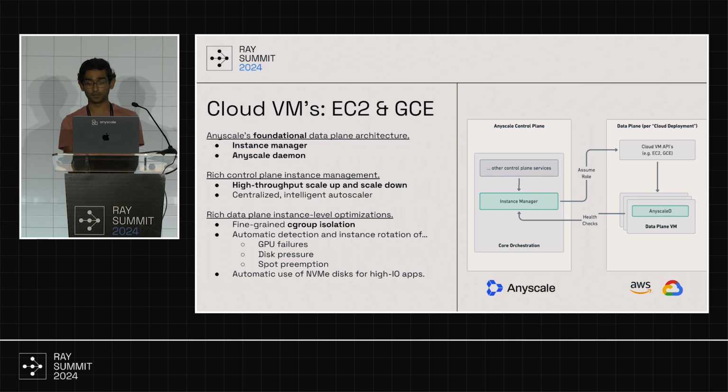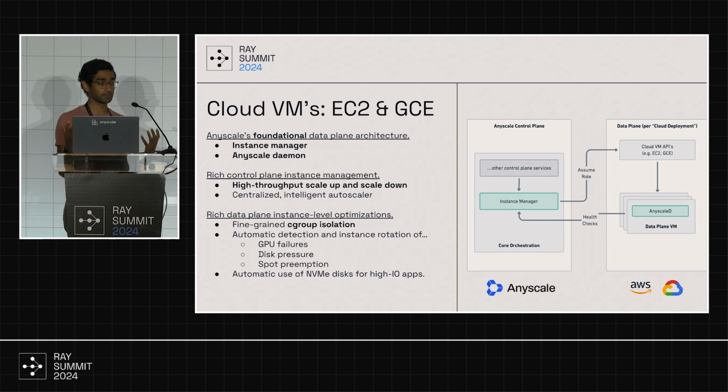And so we started with this as our foundational architecture. We have an instance manager in our control plane, which runs in Anyscale's account, and a daemon in the data plane, which runs on the instance when we launch it. The two work together such that we can run Ray clusters where the daemon is essentially managing the container and the instance manager is managing the instance.